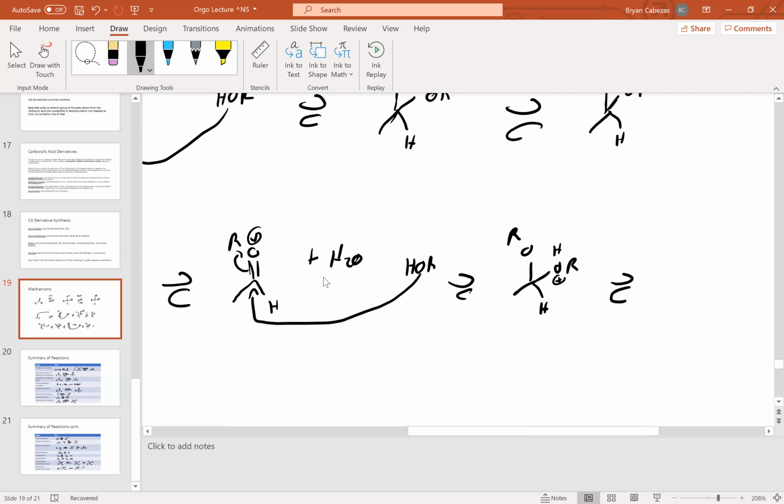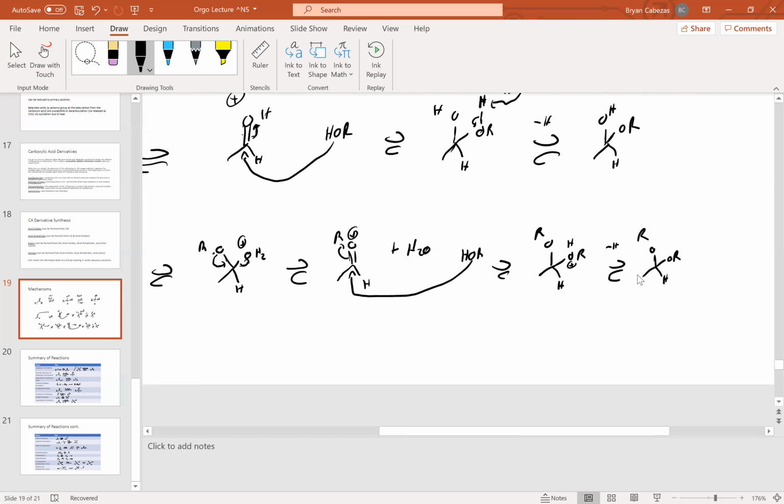And then lastly, we just need to remove that last hydrogen from the HOR group, minus the hydrogen. So we're going to be removing this hydrogen right here. And then we have our acetal.